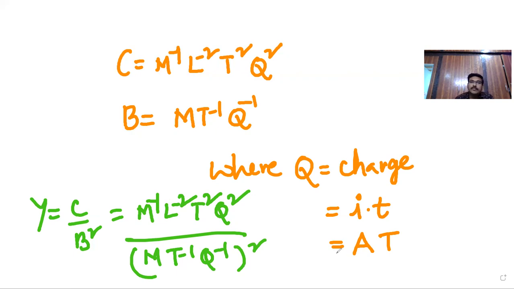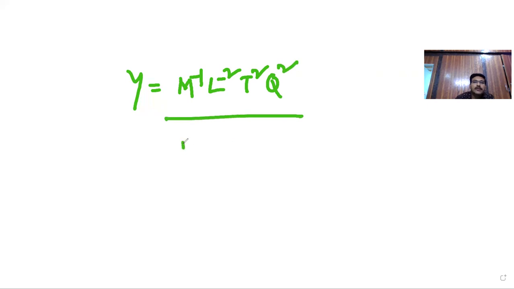Here, on simplification, the dimension formula of y becomes M to the power of minus 1 L to the power of minus 2 T square Q square in the numerator, and in the denominator M square T minus 2 Q minus 2.